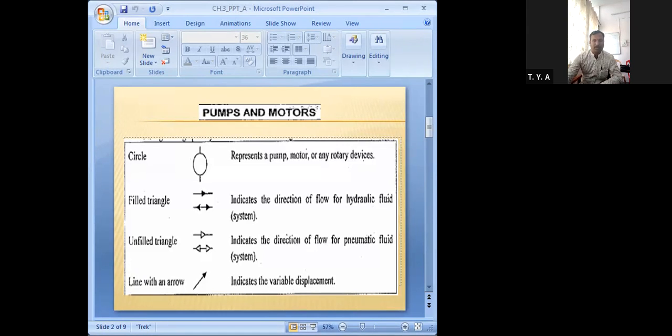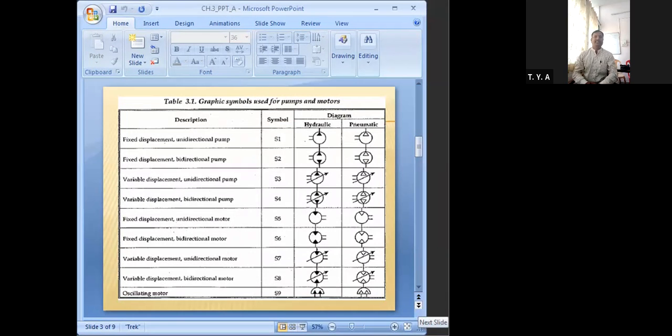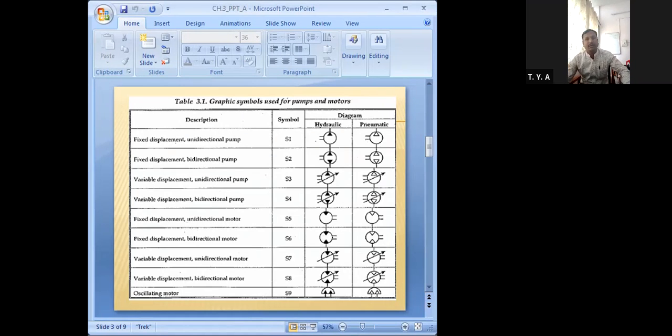Please have a look at the screen. See all the symbols. I think there is no need to explain them again because I have already discussed this. If you want to represent a fixed displacement unidirectional pump, then it is designated by this symbol for a hydraulic system; if it is pneumatic, then this one.